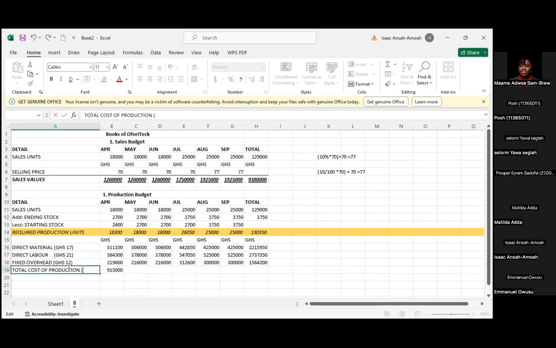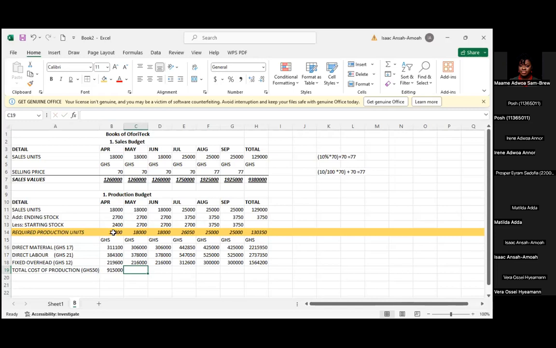Is it 50 or 60? 50. Okay. So if I were you, I'll just say that my total cost is 50 cedis per unit. And then I'll multiply 50 cedis by the required production unit.